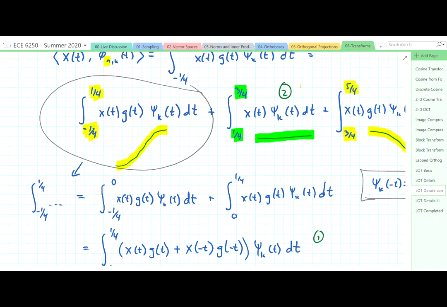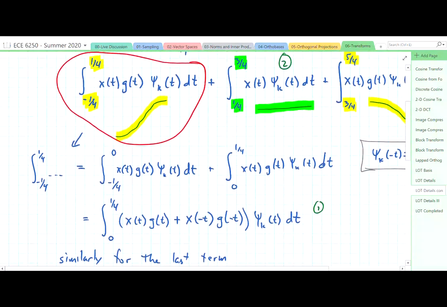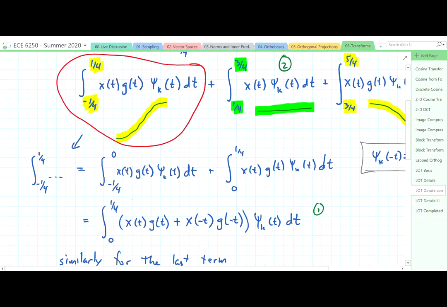But let's go ahead right now and start by looking at this first part here, circled in red. From -1/4 to 1/4, we're going to divide that again into 2 regions, from -1/4 to 0 and 0 to 1/4. One of the reasons this is all written out ahead of time is because it's just some math.